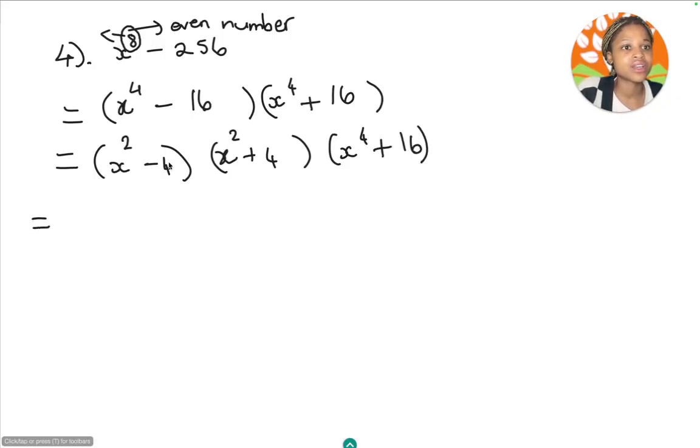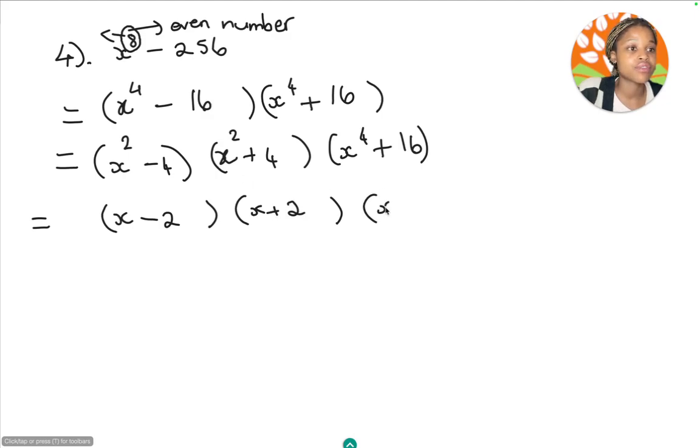And then we see, okay, we found ourselves with another difference of squares. This x squared plus 4 is not, because it's got a plus sign. You only factorize using the difference of squares if there's a minus sign. So this is my difference of squares. So now I've got x minus 2, x plus 2, because I'm factorizing this.